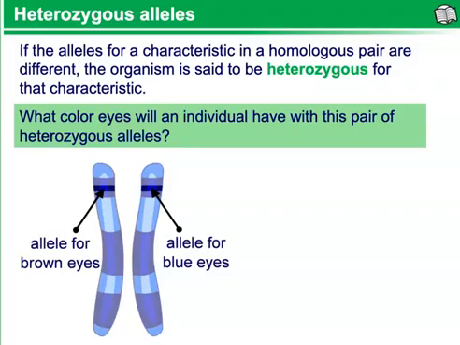In this particular example, the brown eye allele is expressed, whereas the blue eye allele is masked, giving the offspring brown eyes.